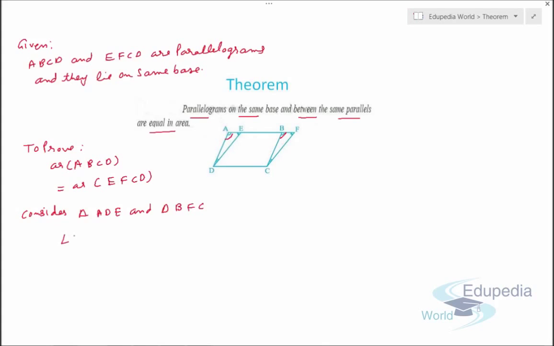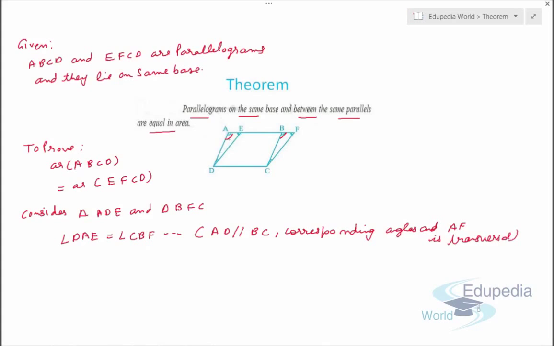So we can say that angle DAE is equal to angle CBF. Why? Because AD is parallel to BC and they make a pair of corresponding angles, and we all know corresponding angles are equal, and AF is a transversal.